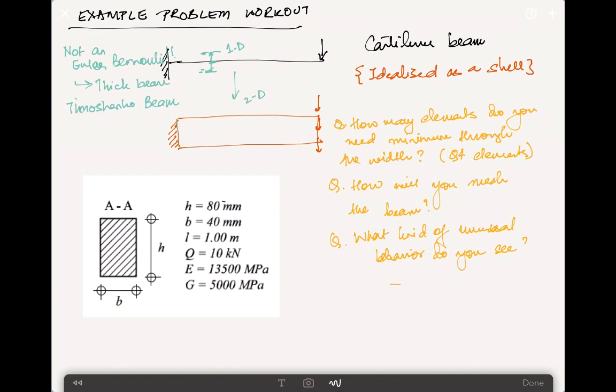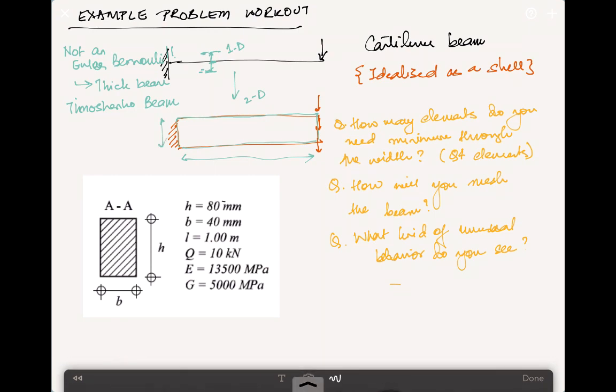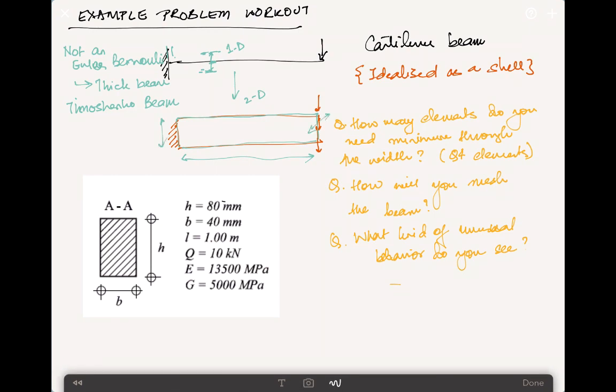That means we want to make a planar shell which will have a certain dimension corresponding to the length of the beam as well as the height of the cross section. And the thickness of the shell is going to be given as the width of the beam. So according to these dimensions given to you over here, this would become H, this would be L, and the thickness of the shell, the T shell, is going to be equal to B.